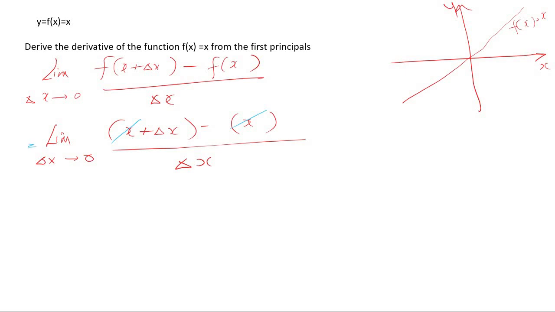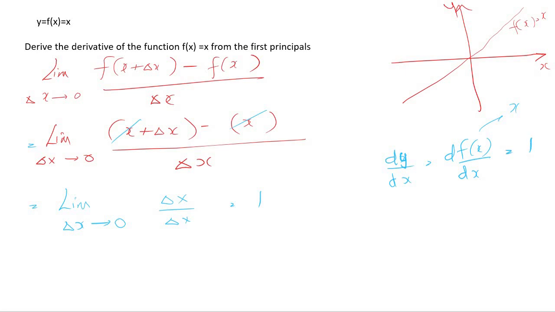So the limit as delta x tends to 0 is delta x over delta x, which is equal to 1. The derivative is also known as dy over dx, or df(x) over dx.